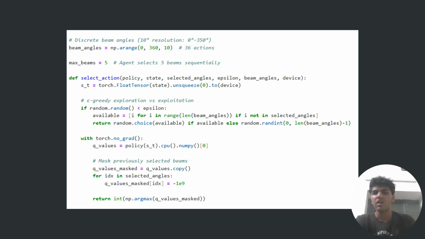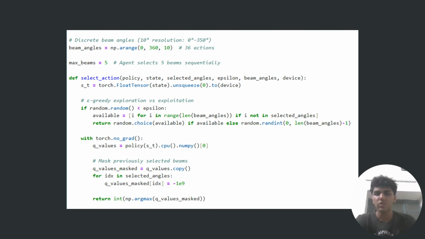We then apply epsilon greedy exploration. With probability epsilon, the agent explores by picking a random angle from the available ones, meaning angles that have not already been chosen. This encourages the model to try new configurations instead of always picking the current best guess. When not exploring, so during exploitation, we use the Q network predictions.